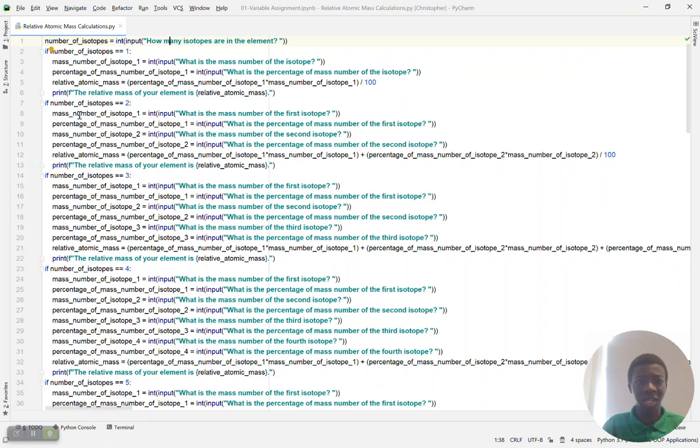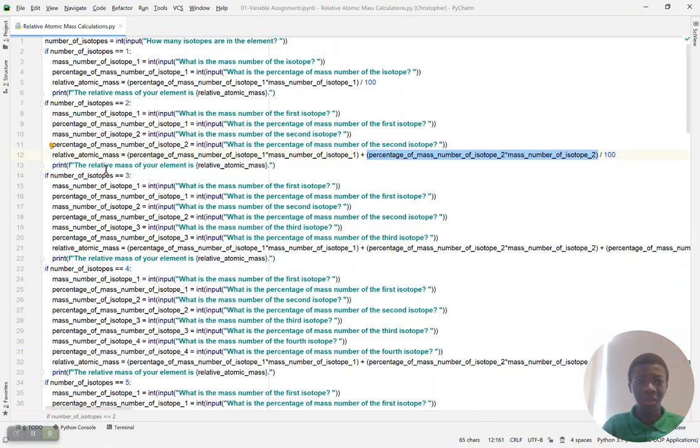Same thing applies for the second. So what's the mass of the first isotope, the percentage of the first isotope, then the mass number of the second isotope, and what's the percentage of the second isotope. Then the percentage times the mass number of the isotope, and you have it again, except it's for 2, divided by 100.